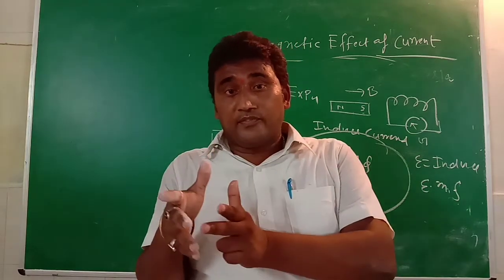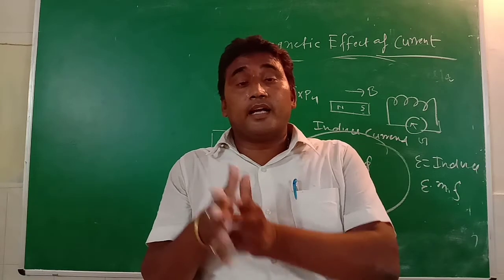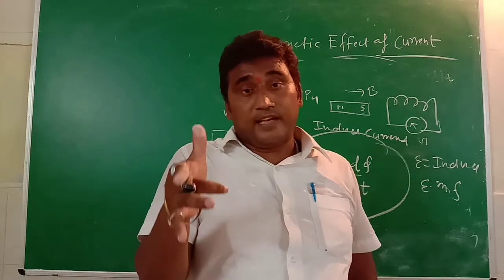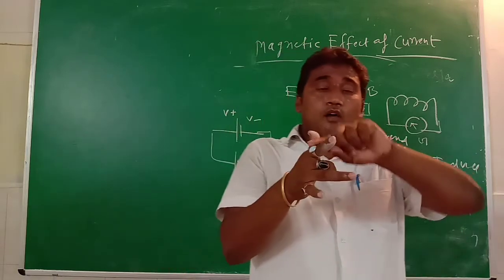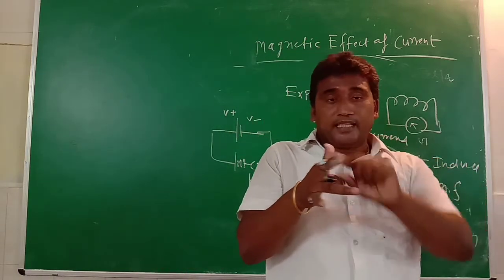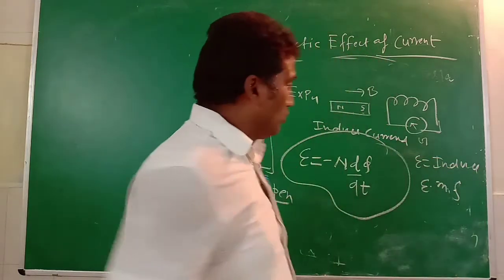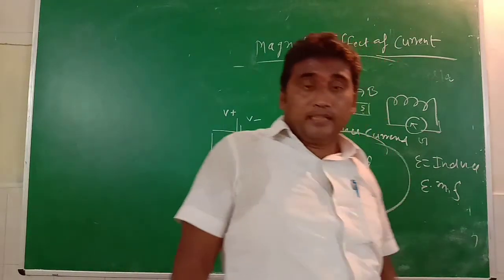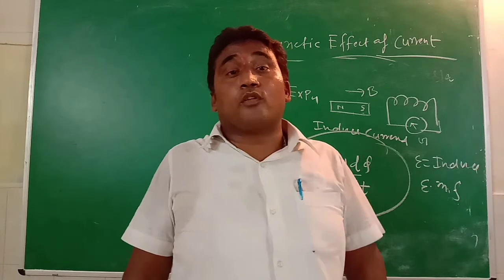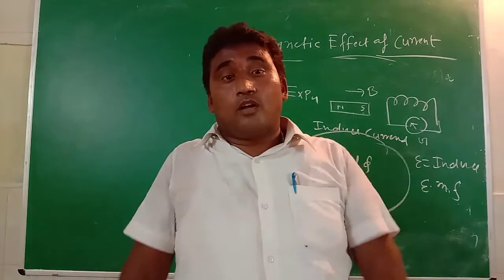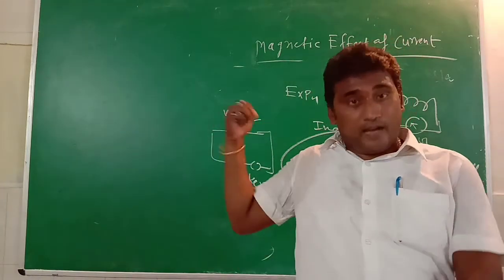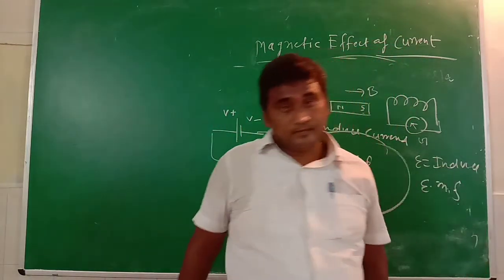That is different from our Fleming left hand rule. And now we explain the different types of methods, how we induce current in the device by the process of electromagnetic induction through the Faraday experiment.